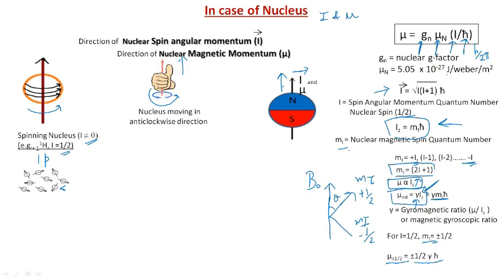In more elaborated form, these examples can be understood by taking into consideration the following figures. Suppose a number of nuclei present in the sample orient themselves randomly in the absence of an applied magnetic field.